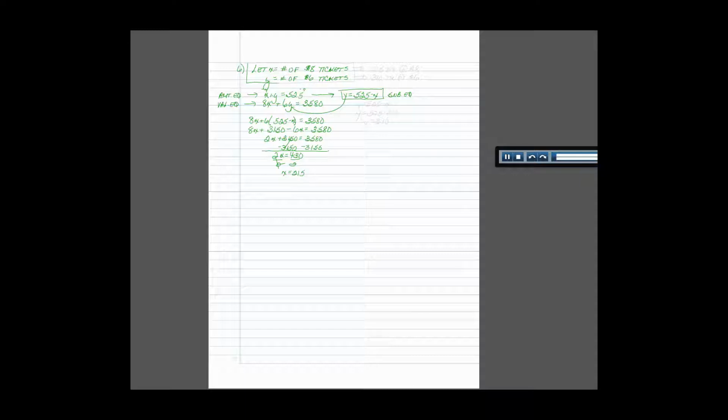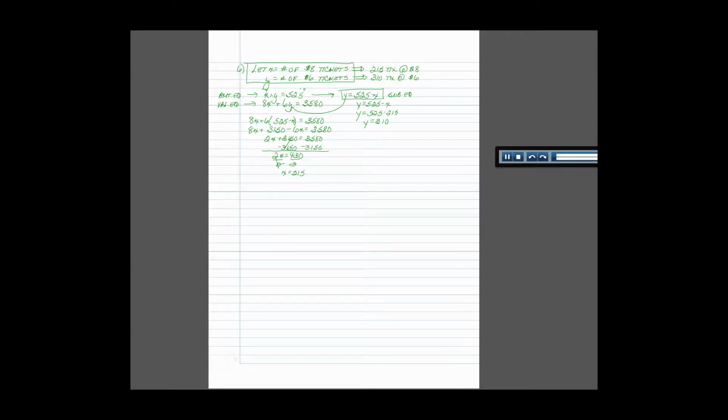Go back to your let statements and you will see X was 215 tickets, I'm going to abbreviate there, at $8. And since there was a total of 525, I have this, again, very handy equation to find Y. So Y equals 525 minus 215, and Y equals 310. So 310 tickets at $6.